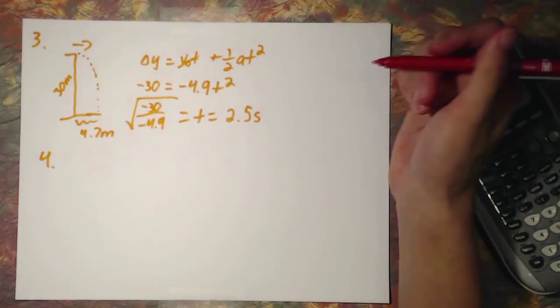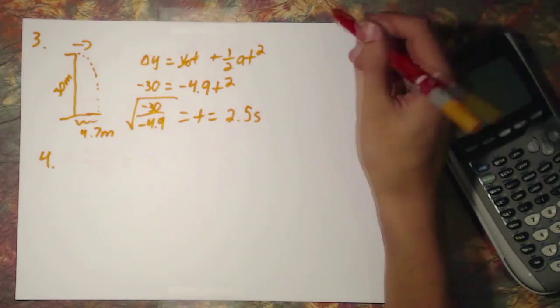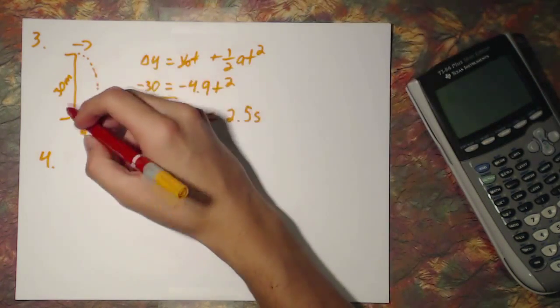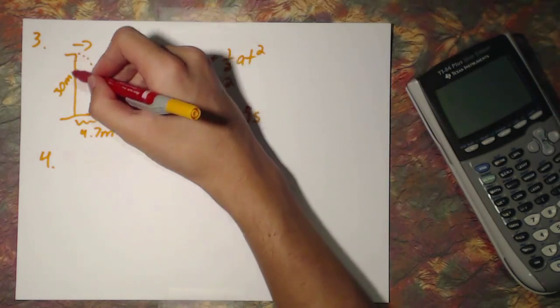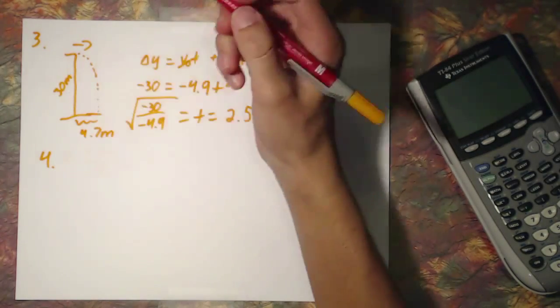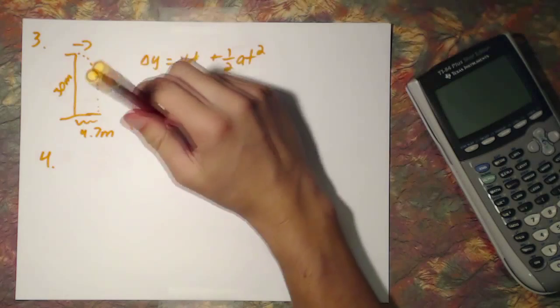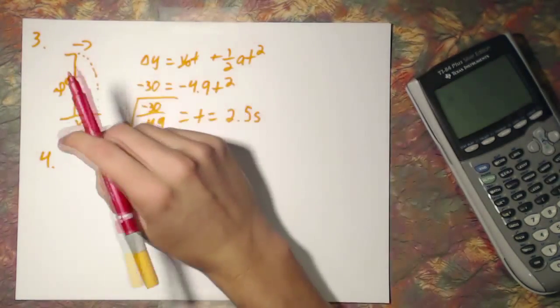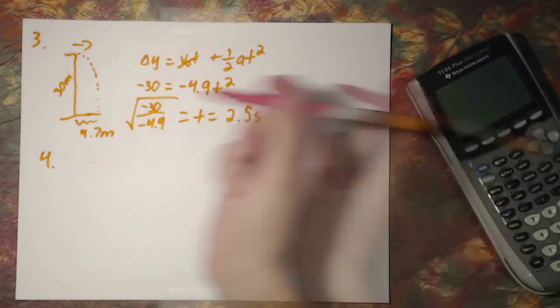And I probably should have mentioned this in the last problem, but the reason we're using different equations for the vertical displacement and the horizontal displacement is because the vertical displacement is accelerated. It's being accelerated by gravity, and gravity only accelerates you up and down. You don't see gravity pulling you to one side or pulling you to the other side.